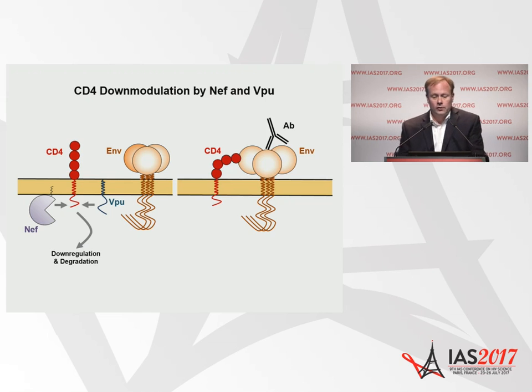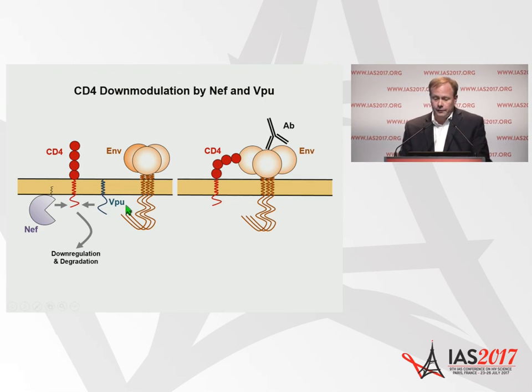Another mechanism was identified by Andres Finzi's group and others, showing that the down-modulation of CD4 by Vpu and Nef contributes to resistance to recognition by antibodies. CD4 down-modulation is a well-known overlapping function of these two viral proteins.